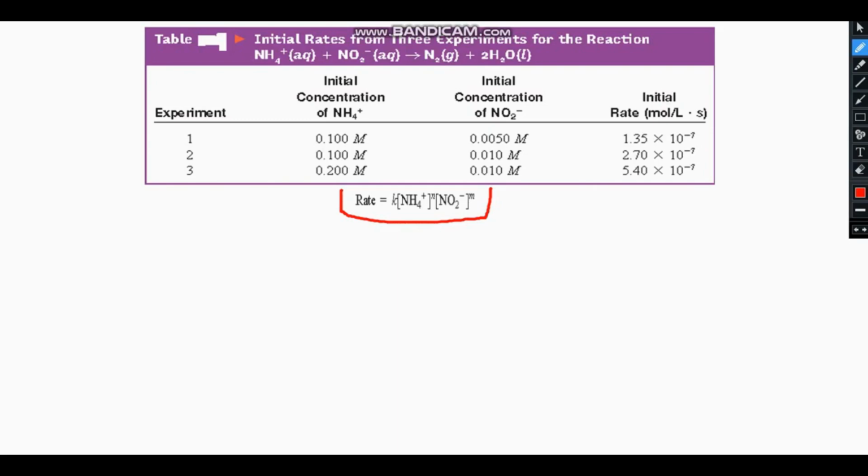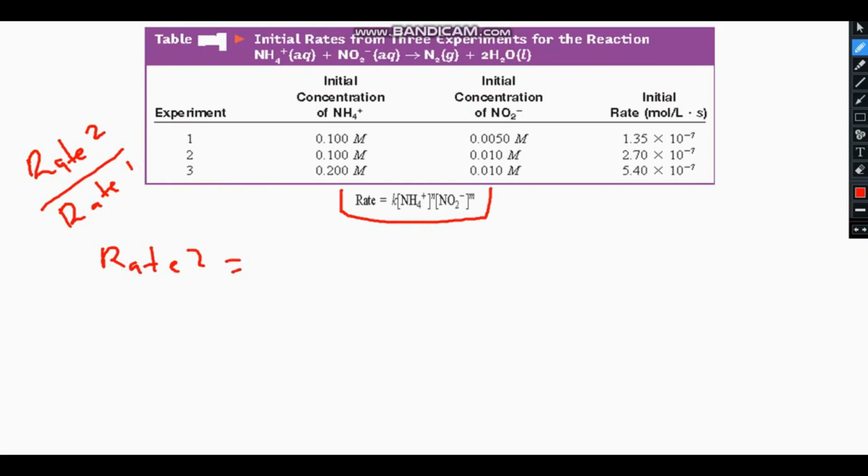So what we will do is we are going to divide the rate for experiment 2 by the rate for experiment 1. So let us see what are the values for the rate for 2.